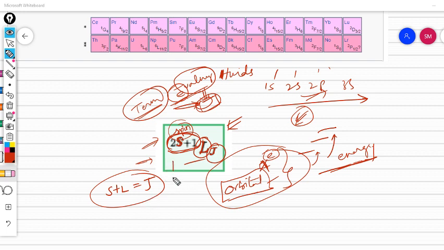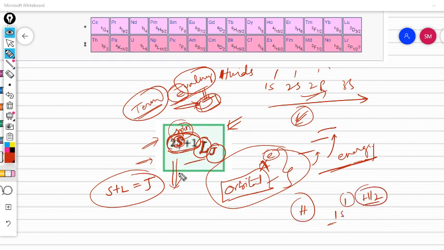So how do we apply it for a specific configuration? Let's take the simplest electronic configuration, hydrogen, which is 1s1. The total spin of the electrons present in the valence shell will be plus half, because it has only one electron.